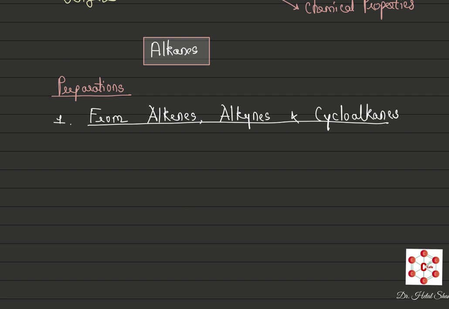Any alkene or alkyne, for example, if there's an alkene or if there's an alkyne, you just need to add H2. You add H2 here, or you add 2H2 here.